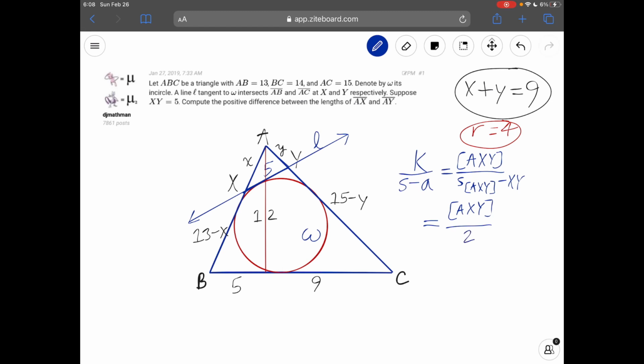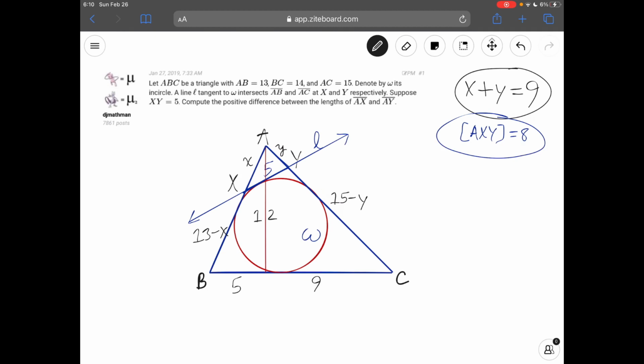That's equal to 4. So the area of triangle AXY is 8. And I know it's 4 because that's simply the radius of the A-excircle, or the radius of W, which we found was 4 from earlier.